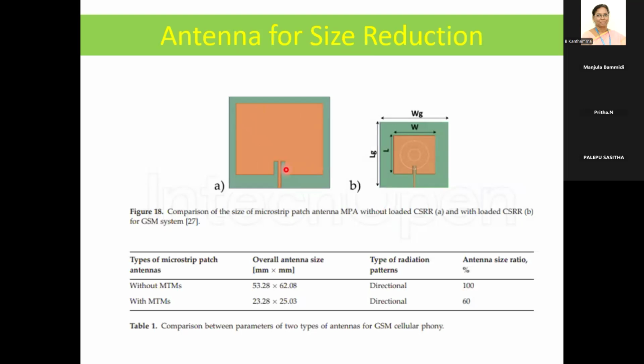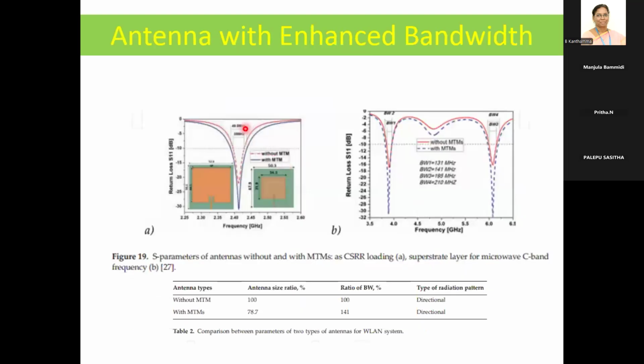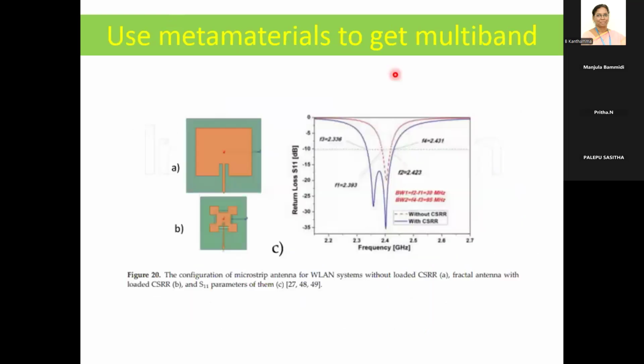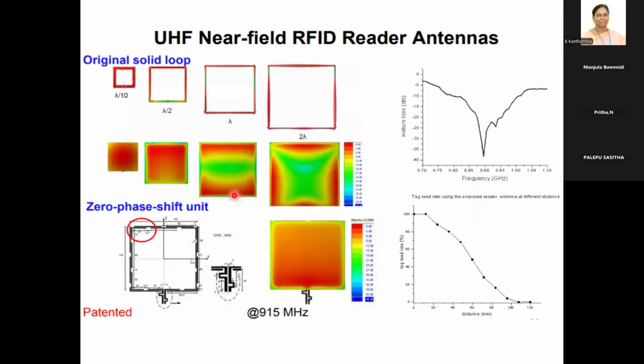Superstate will affect the gain. Substrate will control the bandwidth. On the patch, it will control the dimensions. So you can have the control of different parameters by using them as superstate, substrate, and on the patches. So these are the different ways. And you can also have multiple bands by using them on the same patch.